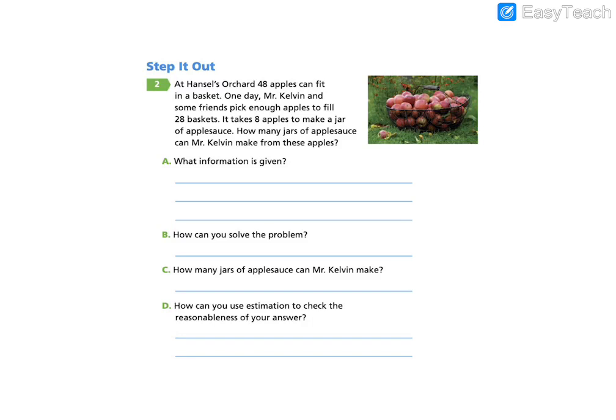So what information are we given in this problem? Well, first we need to understand what it is really asking us to do. We need to find the number of jars of applesauce. In order to find how many jars of applesauce he can make, we need to understand how many apples we have.